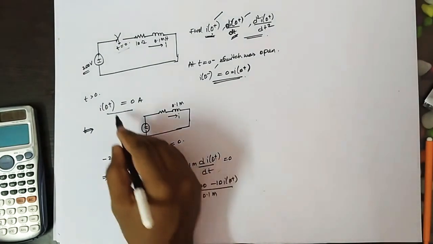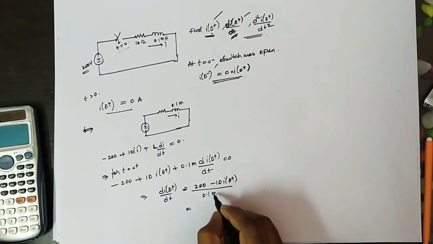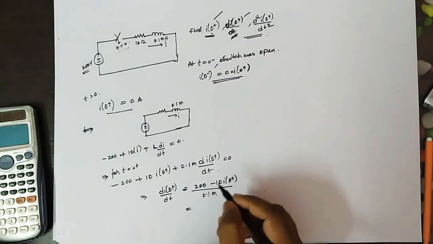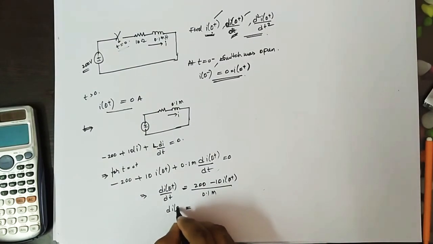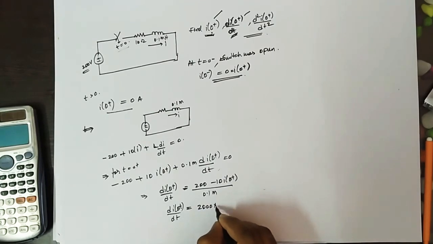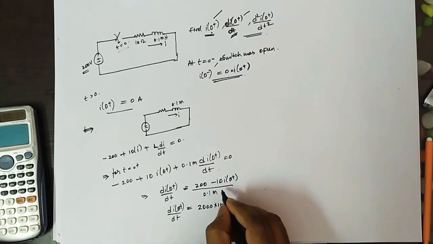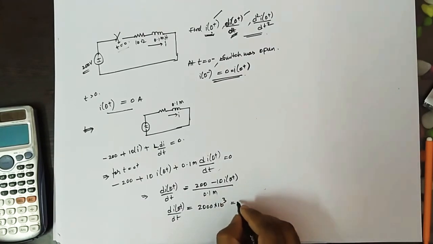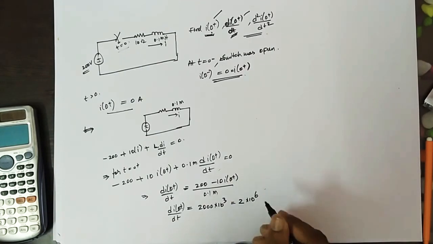I of 0 plus is 0, substitute that here, and 0.1 millihenry is 0.1 into 10 power minus 3, taking it to that side. Then this entire di of 0 plus by dt will be equal to 200 divided by 0.1 into 10 power minus 3, which becomes 2 into 10 power 6.